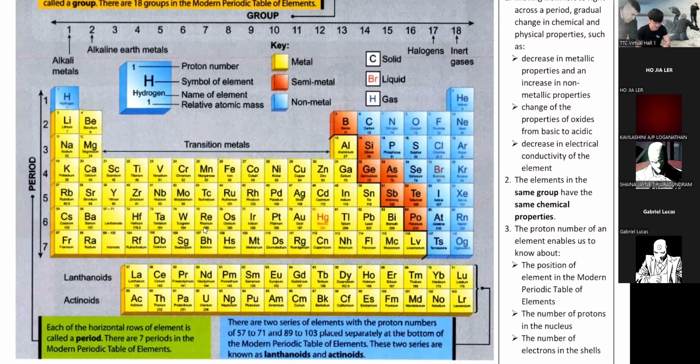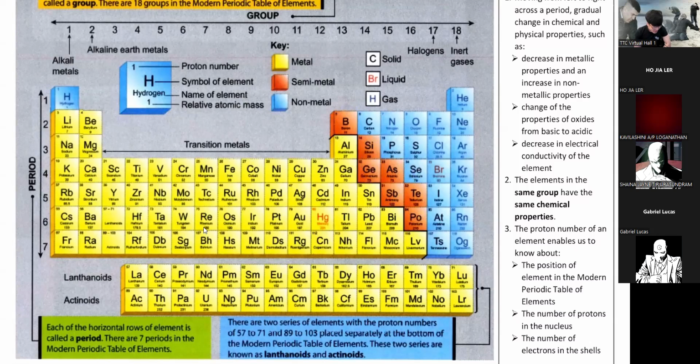Remember 1, 2, 2, 2. These are your semi-metals. They are half like metal, half like non-metal. They can conduct electricity half, and they are also insulator half. That's it, really nothing much to say here.